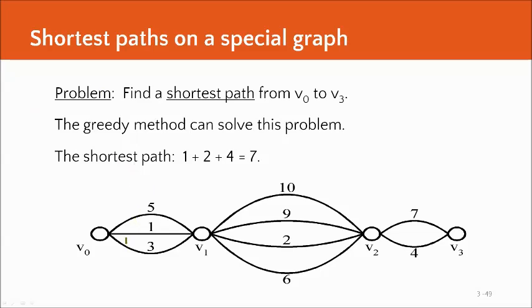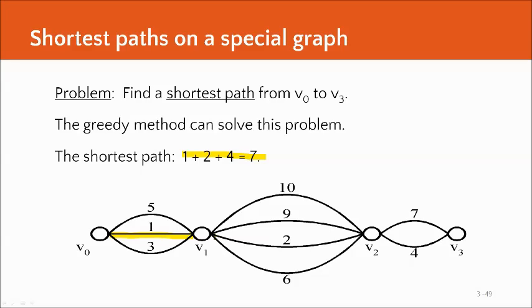So the answer here is 1 plus 2 plus 4 equals 7. Why? Let's check the actual graph. From vertex 0, I have a weight of 1. We selected 1 because this is the lesser value compared to 5 and 3.